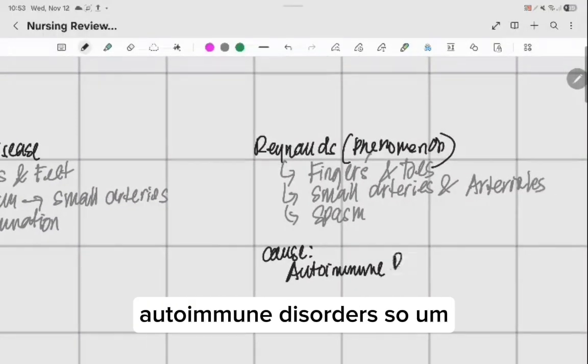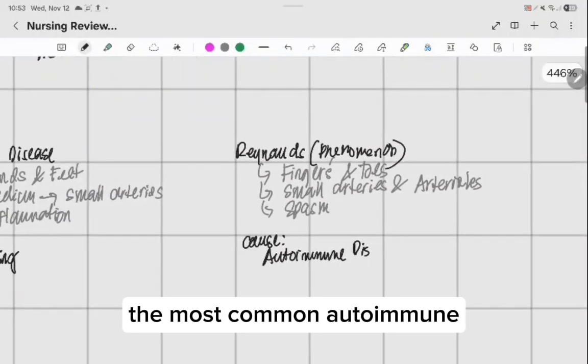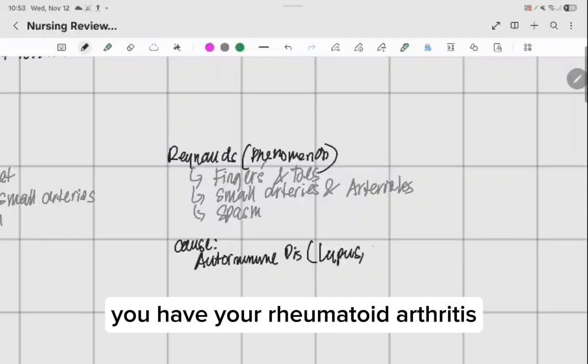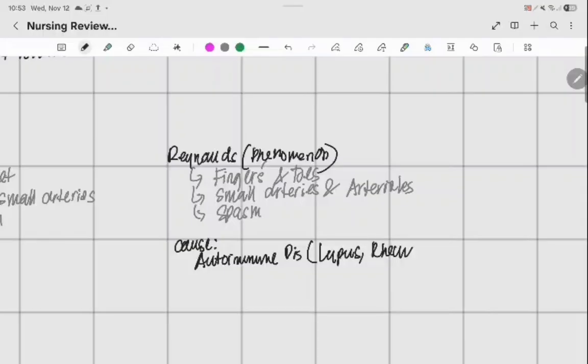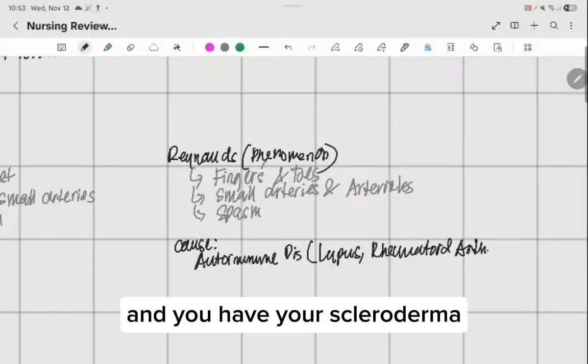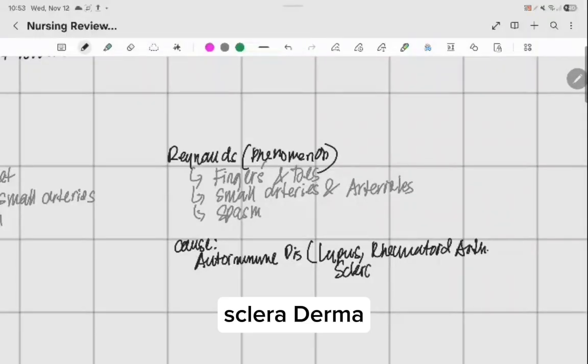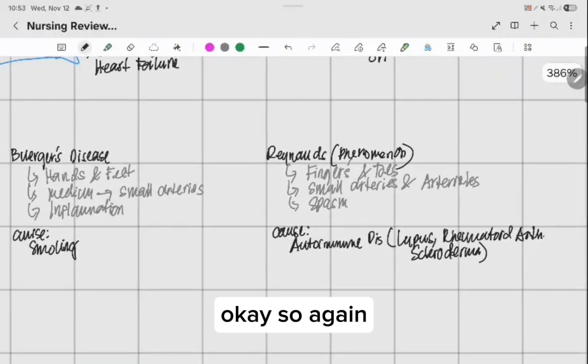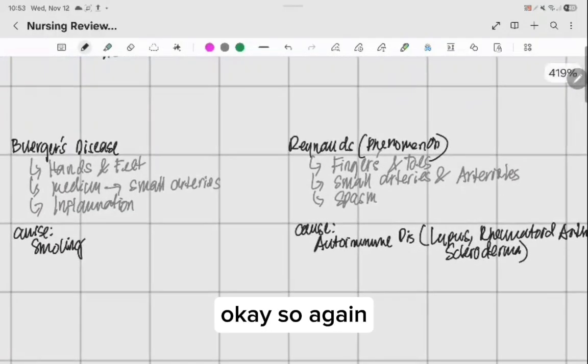The most common autoimmune disorders are lupus, rheumatoid arthritis, and scleroderma. So this is the most common. Okay, so again, for Buerger's, it's smoking.